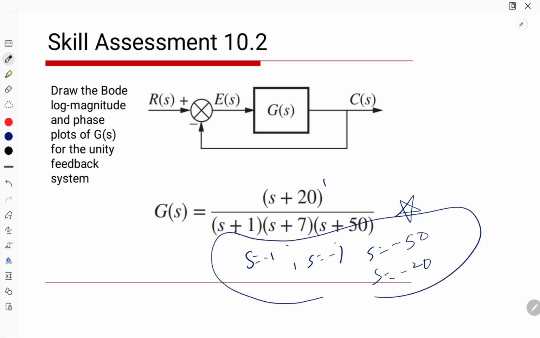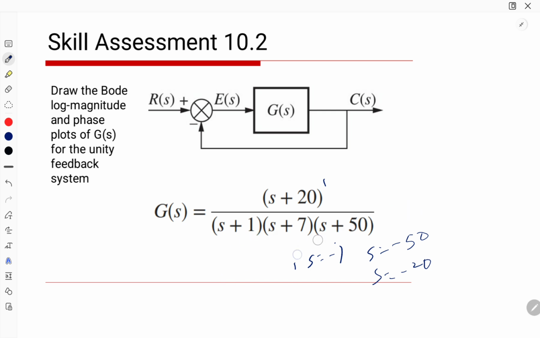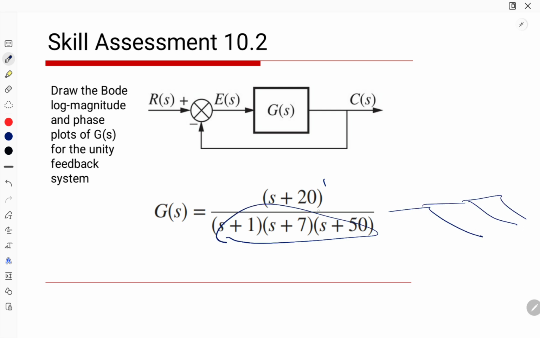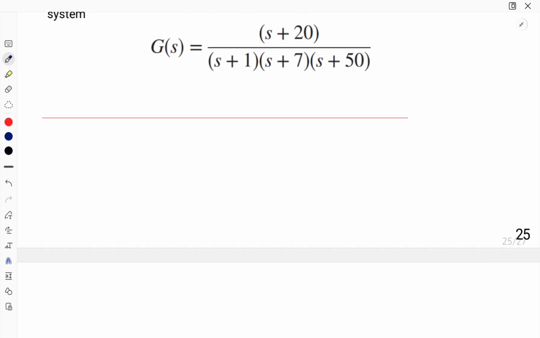I would say they're all the precious ones that you need to take care of. Anything in the denominator will be going downhill. Anything in the numerator will be going uphill, both by 20 dB per decade. And then you'll be able to figure out and draw this on a Bode plot in the log, semi-log scale graph I gave you.